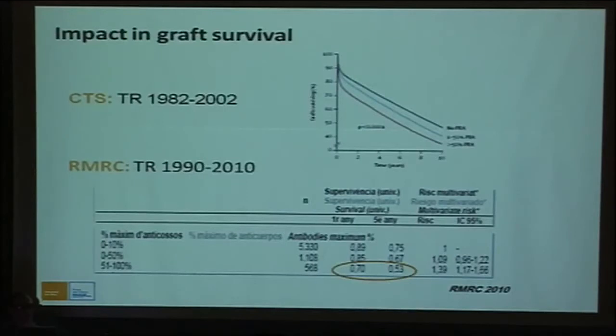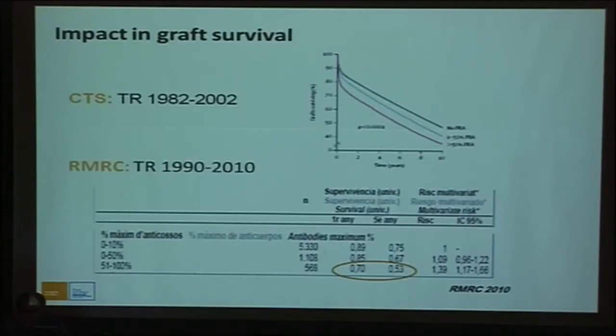Does high PRA have any impact on kidney survival or patient survival? For instance, in graft survival, there is definitely an impact. This is the CTS registry led by Opelz, including not only European kidneys, but also Australia, New Zealand, some Americans, etc. You see that above 50% PRA, you will have significantly lower graft survival at 10 years. 1 to 50% is also a decrease in survival, in the middle between no PRA at all, so 0%, and over 50% PRA.